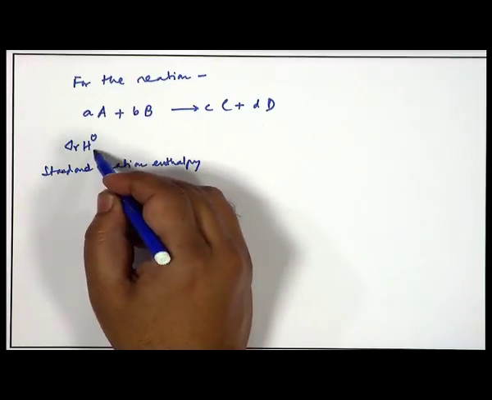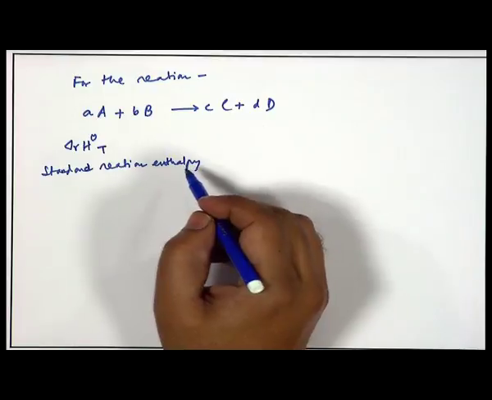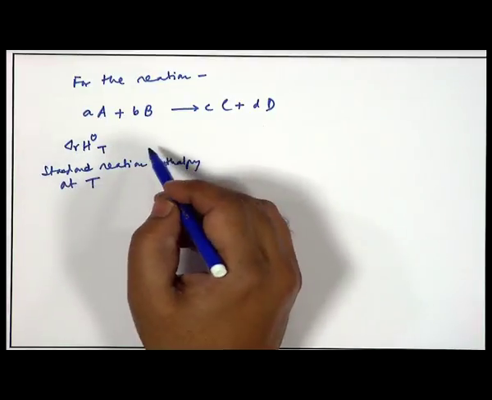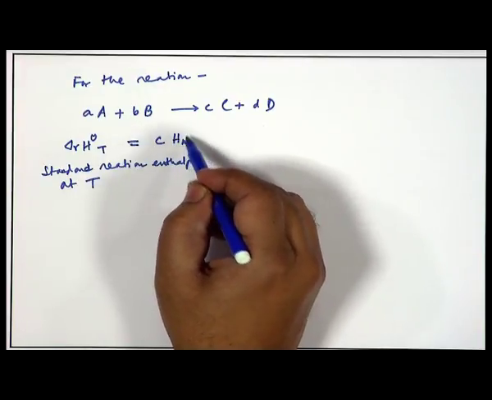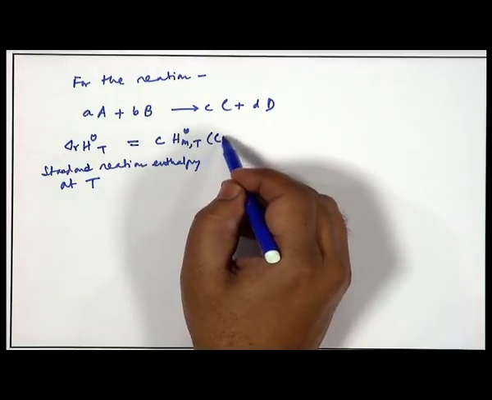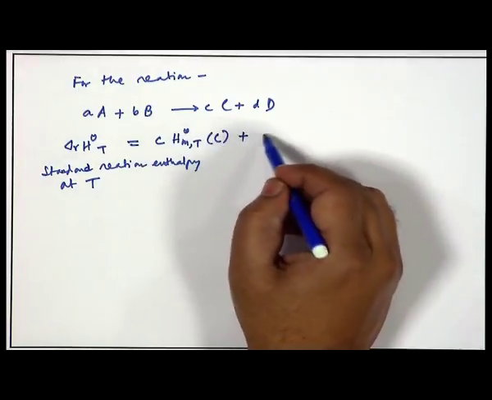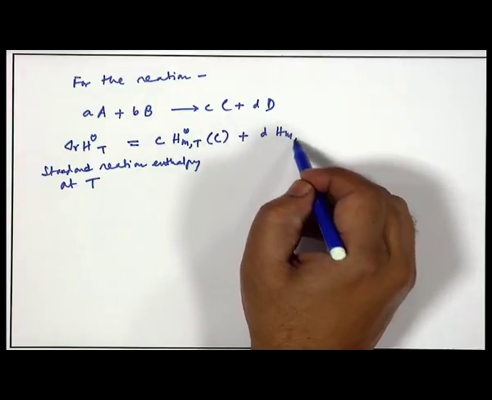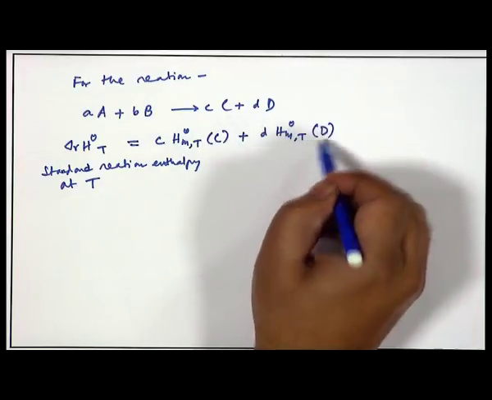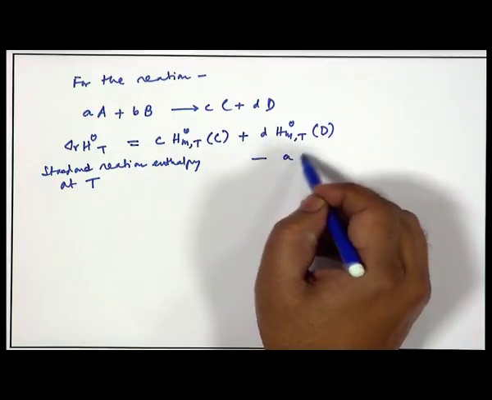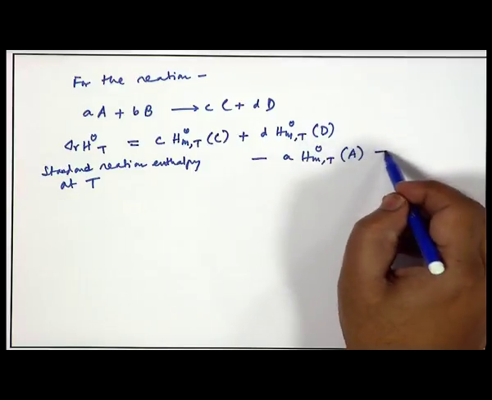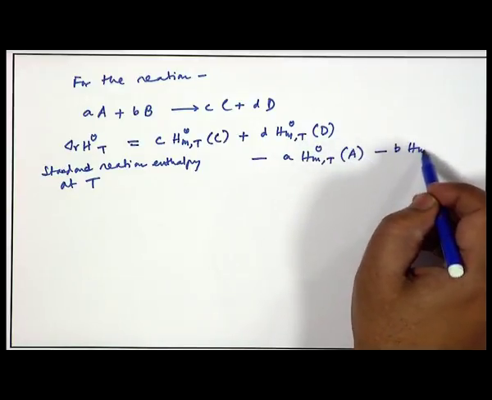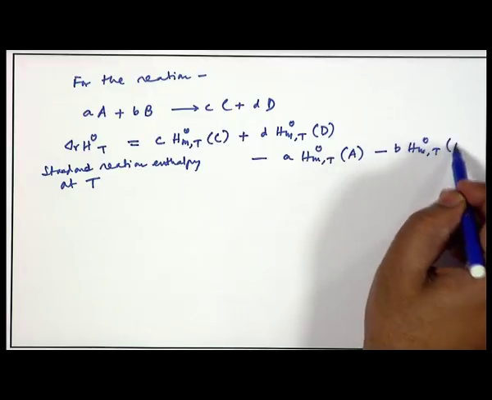Now, you have to mention a temperature. At T it would be given by C Hm°(T, C) plus D Hm°(T, D) minus A Hm°(T, A) minus B Hm°(T, B).